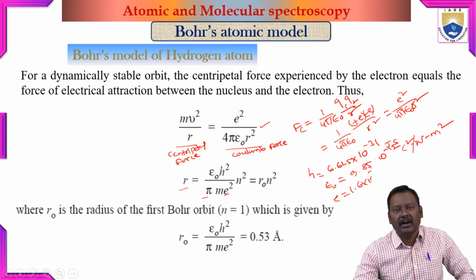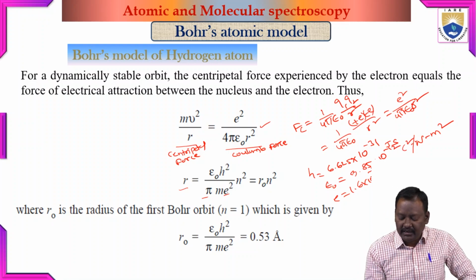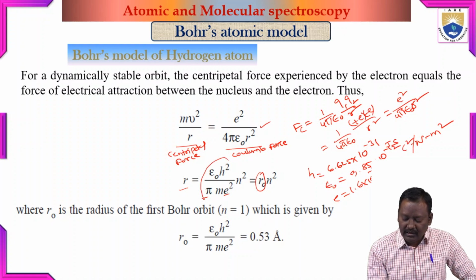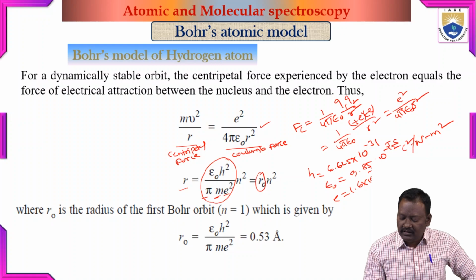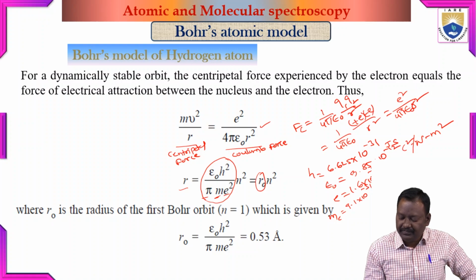After substituting all these constants, we get some constant r naught into n square. The mass of the electron is also constant, equal to 9.1 into 10 power minus 31 kg. We can consider these constants together as r naught.